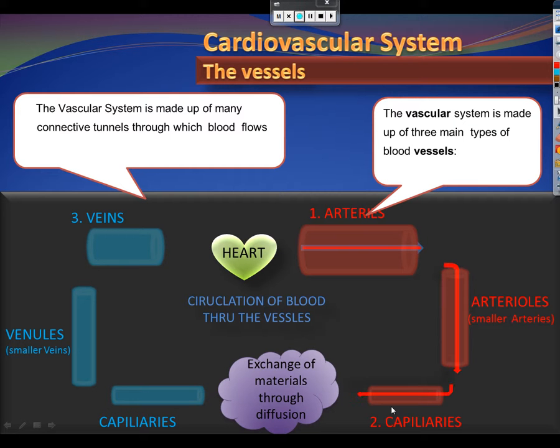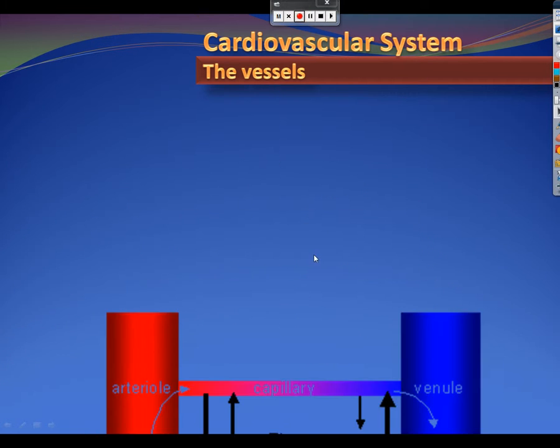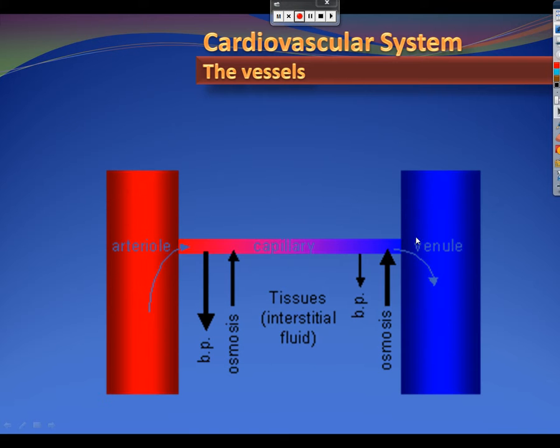Capillaries are those connectors between arteries and veins. So when you have to get blood from here around through the body and go through diffusion of any material, of things that we eat and so forth, and back around through the vein, it's the capillaries that connect the two. So here you have your arteriole, your smaller artery, and your venule, which is your smaller vein.